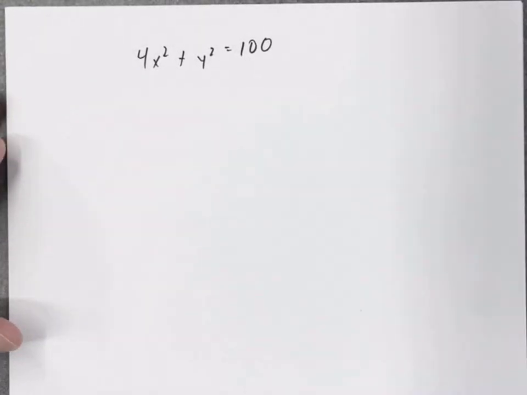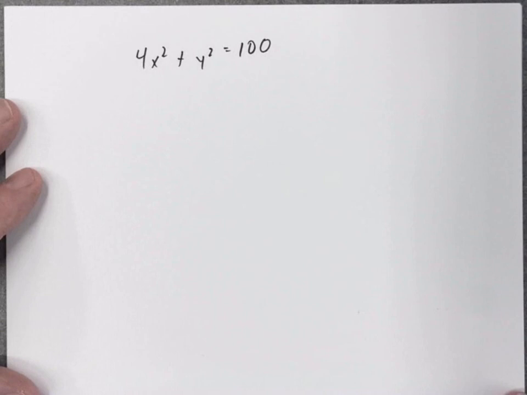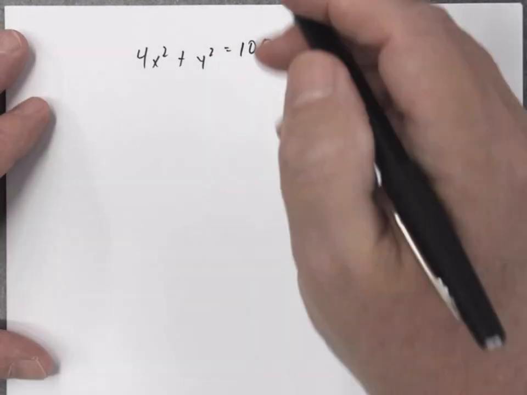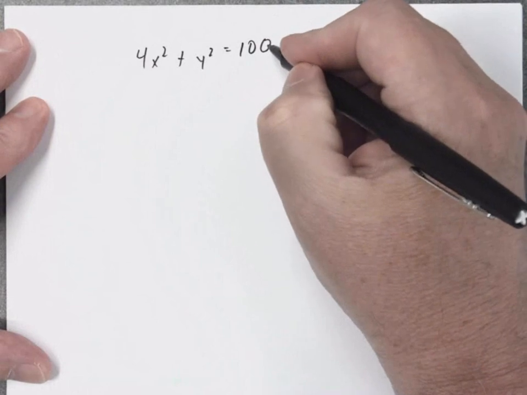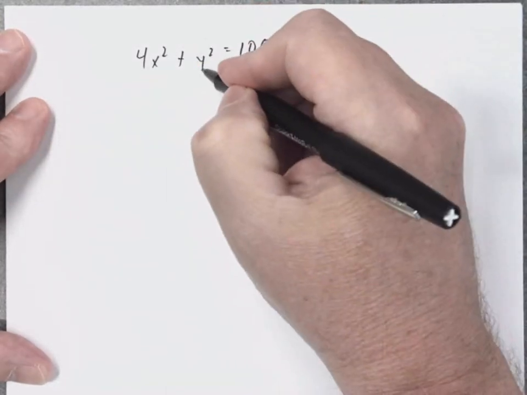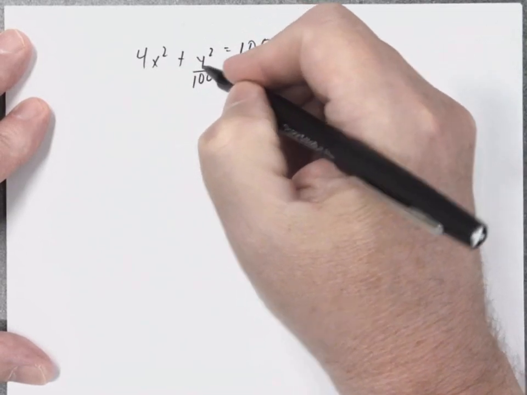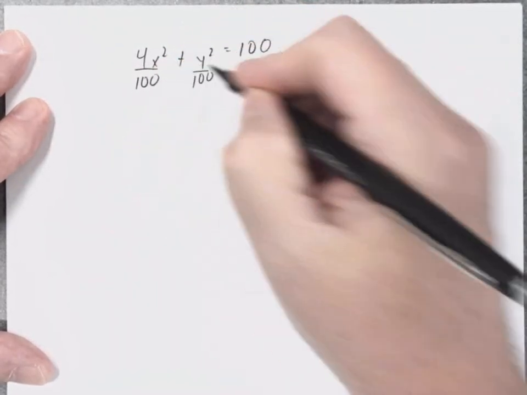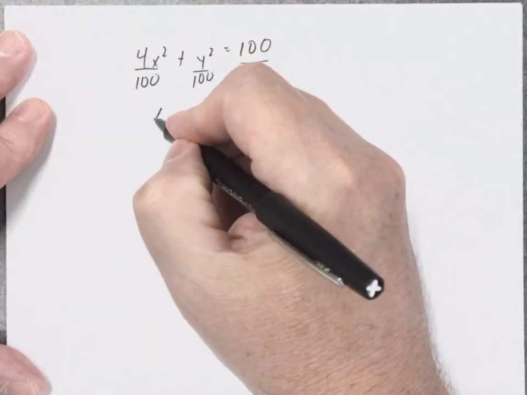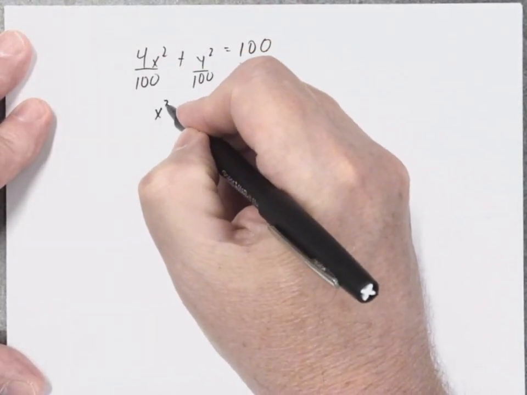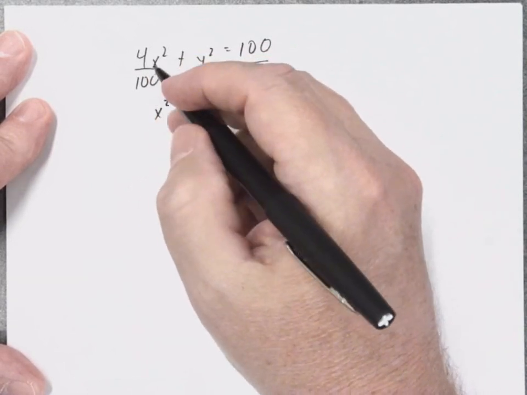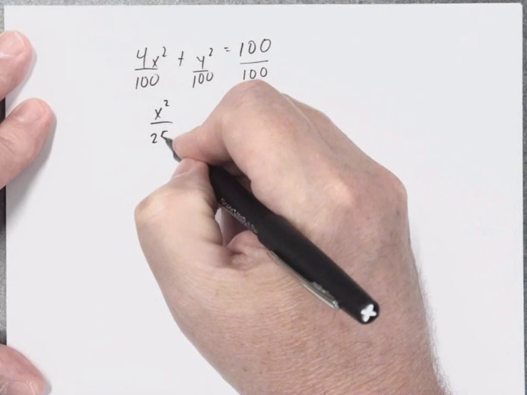So this is not in standard form, so the first step is to rewrite this equation so it's in standard form. What I'm going to do is, since this needs to be 1, I'm going to divide everything on both sides by 100. Now 4 over 100 reduces to 1 over 25.